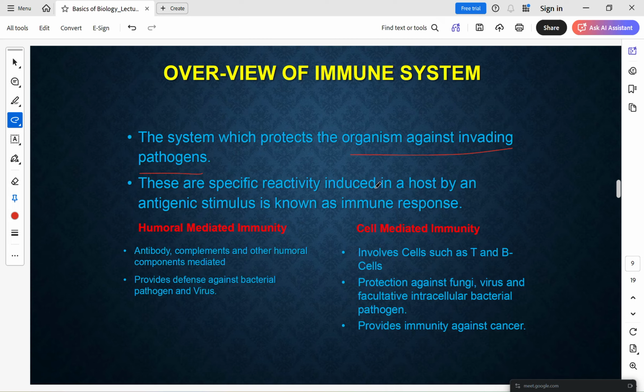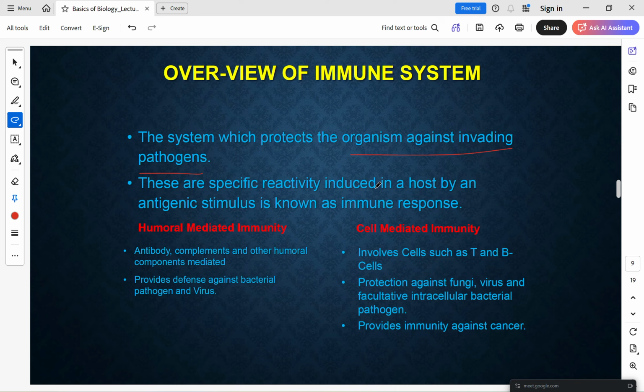These are usually specific or non-specific reactivity induced by a host in response to something that is not self. So the immune system has the ability to distinguish between self and non-self.